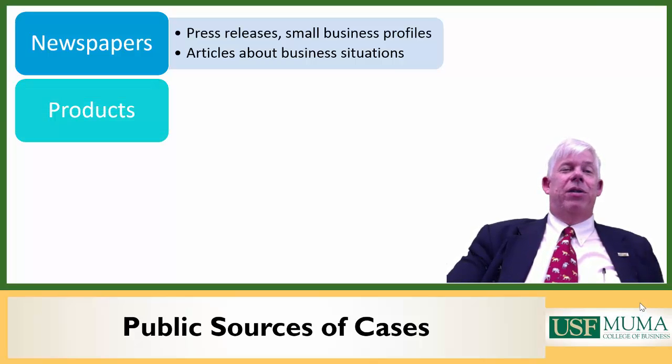Another thing that I've found useful is products. I once wrote a very interesting case. I just purchased the Major BBS, a bulletin board system. This was in the days before the internet was widely used and people communicated with each other with bulletin boards.